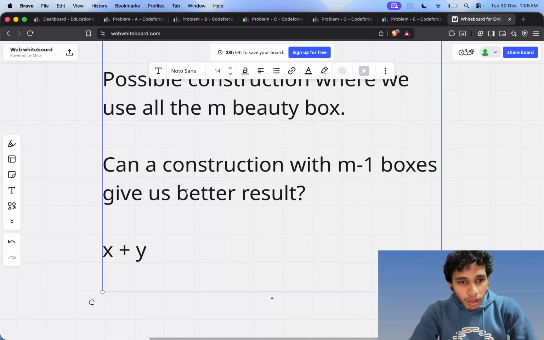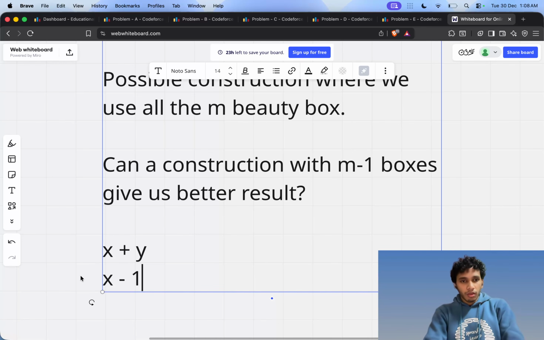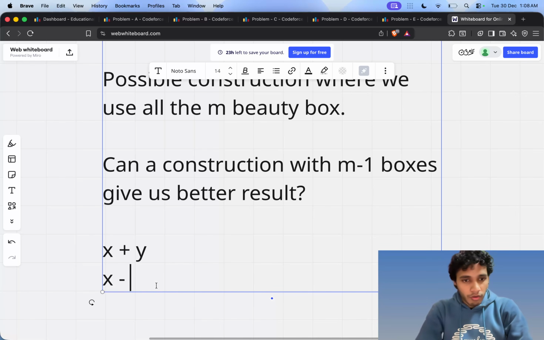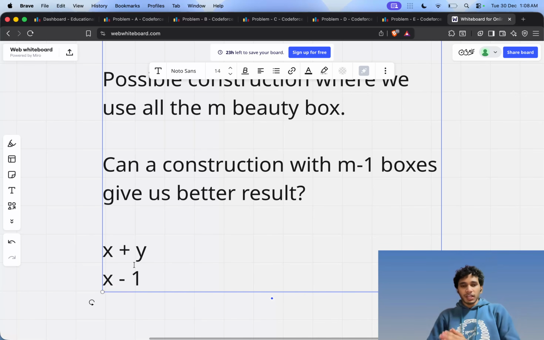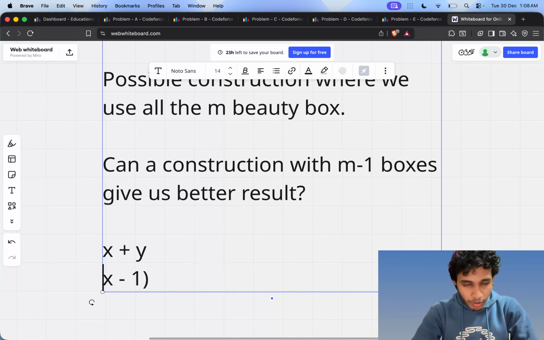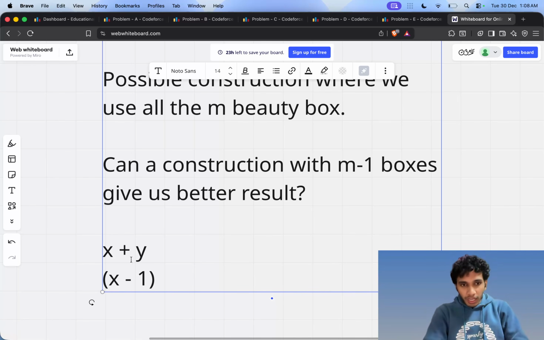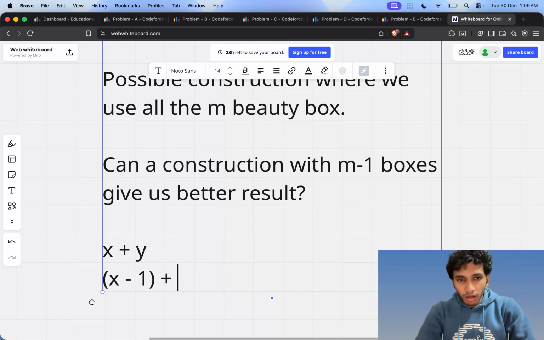Now we say that we save one of them, to be utilized using beauty, or to be made happy using beauty. So x minus 1 are there that can be made happy using beauty now. Now how many can be made happy using coins?